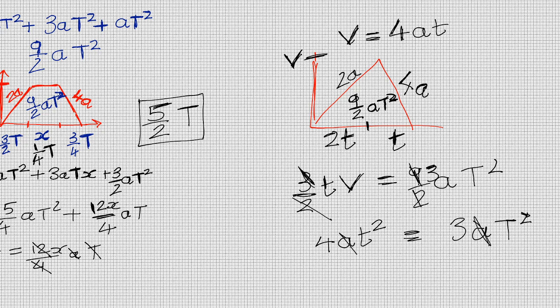Cancel the a's, and I get t is square root 3/4 T. So I guess the total then is 3 of these.